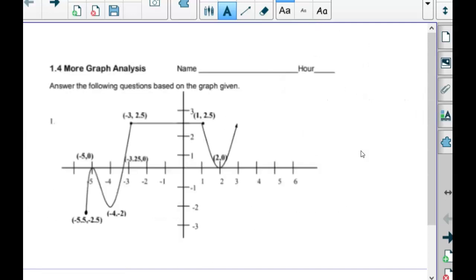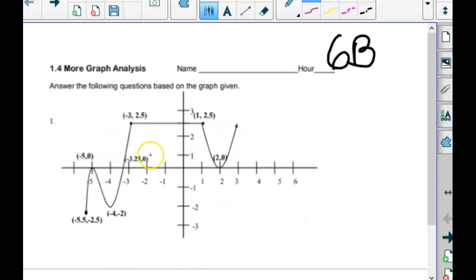What is it called? 1.4b? Okay, that's what I thought. Yesterday we did a worksheet instead. Okay, I got it. What worksheet is this, guys? 6b? Okay.